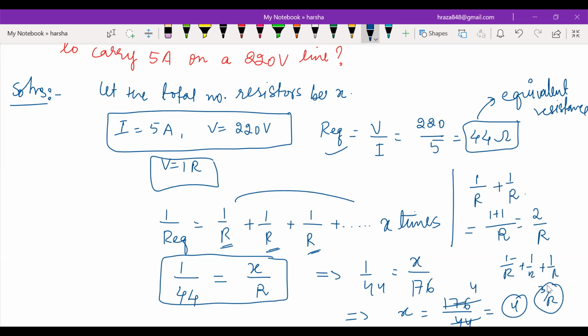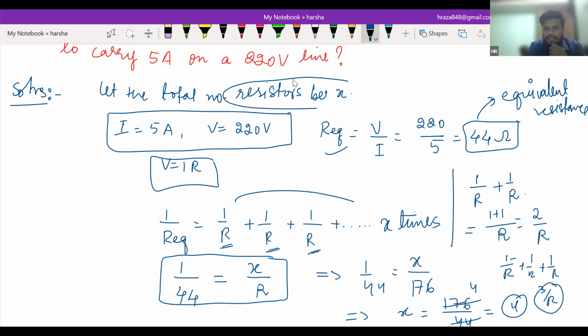Yes, sir. If it is five times, then 5 by R. So if the total number of resistors is X, then adding X times, it will be X by R or not.